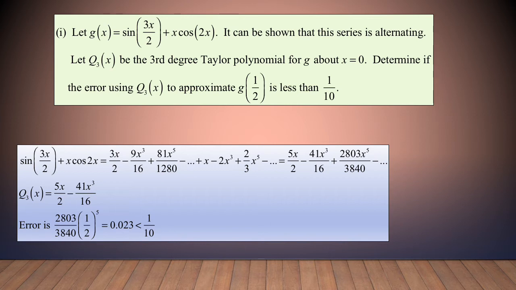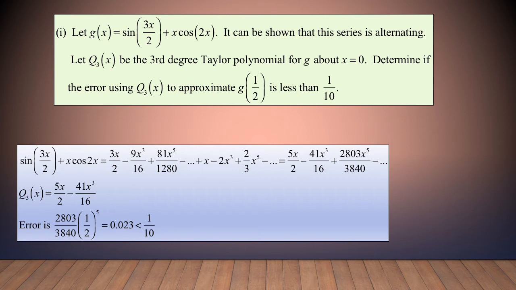And that is 5x over 2 minus 41x to the third over 16 plus 2803 x to the fifth over 3840 minus and so on. We are interested in the third degree Taylor polynomial, so q3 of x equals 5x over 2 minus 41x to the third over 16.